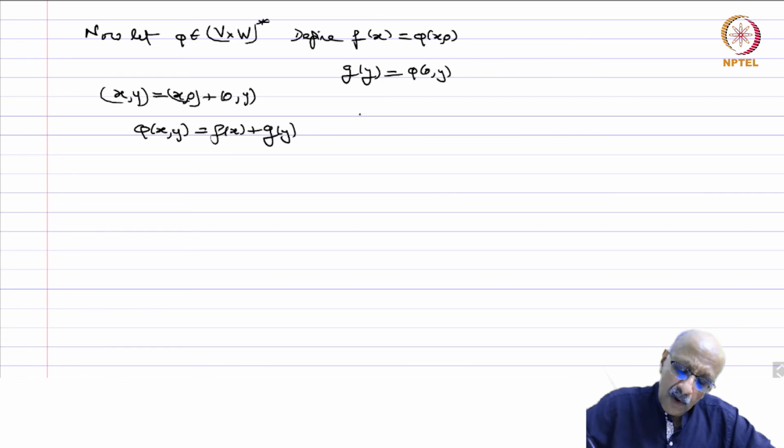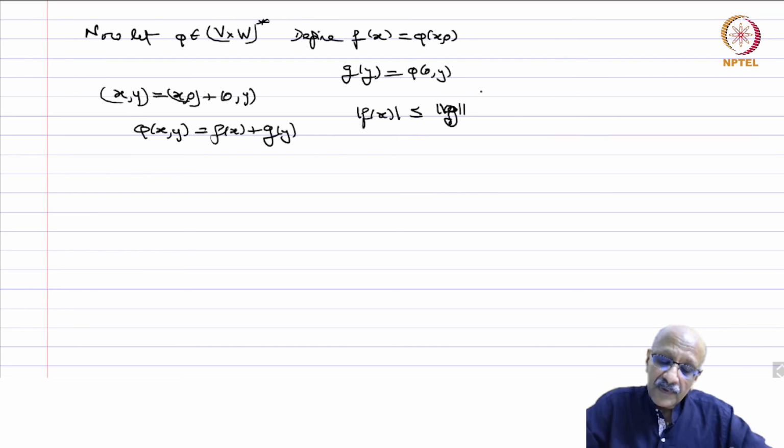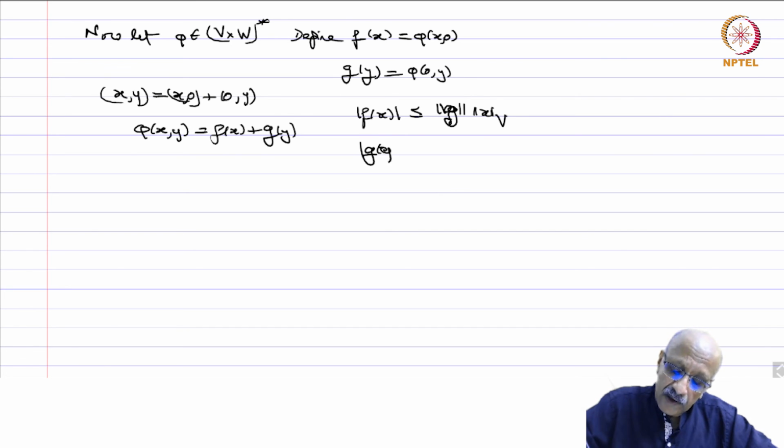And what about mod f of x? This is less than or equal to norm phi times norm x in V, and mod g of y is also less than or equal to norm phi into norm y.